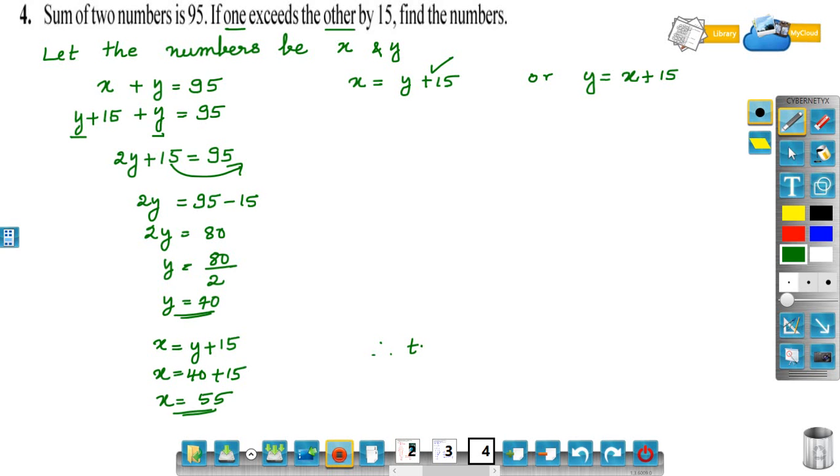Therefore, two numbers are 40 and 55. Sum of these two numbers is 95. See, sum of two numbers is 95 and one number is 15 more than the other. 55 is 15 more than 40. 40 plus 15 is 55. Therefore, two numbers are 40 and 55.